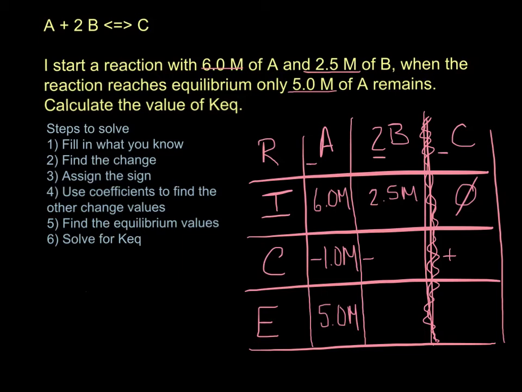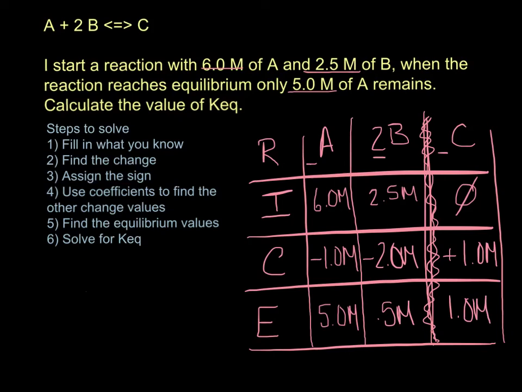We have 1 molarity for A, so if we're looking at our coefficients, our mole ratio, it's 1 to 2, so this is going to be 2 molarity for the change of B, and C is going to also change by 1.0 because that's our ratio, 1 to 2 to 1. The next thing is to find the equilibrium values. So we have 2.5 molarity minus 2 molarity gives us 0.5 molarity, and 0 plus 1 equals 1.